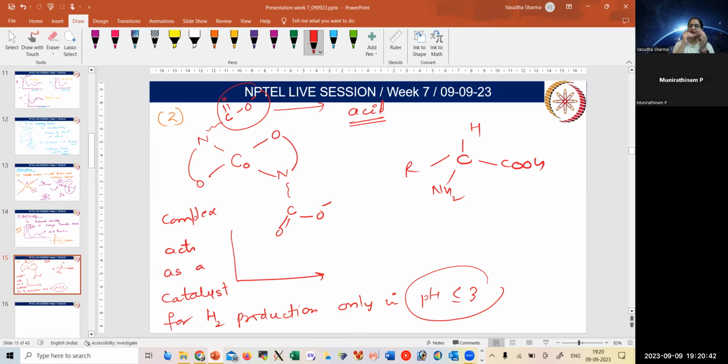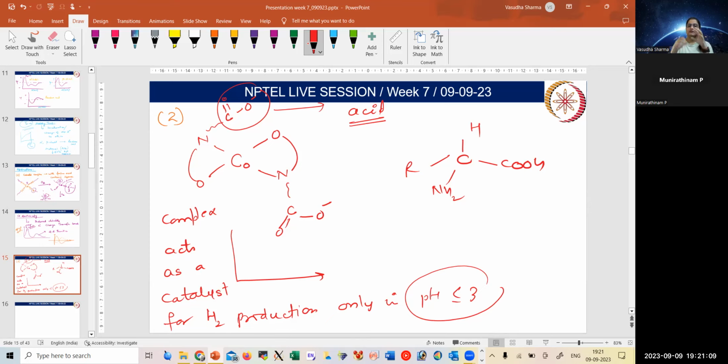If I'm adding the complex, it should not participate in the reaction. It should reduce the activation barrier, but it should not get consumed. If I start with A amount of catalyst, it should be regenerated, and at the end of the reaction I should get the A amount of this catalyst. If it is getting consumed, that means it is not a catalyst at all. That is called the stoichiometric ratio.